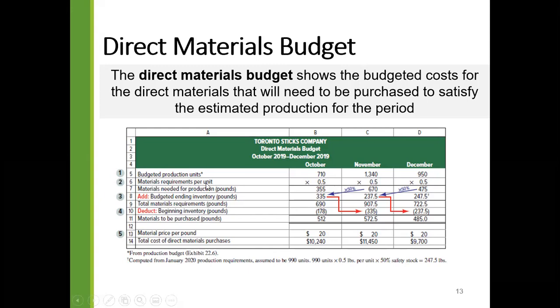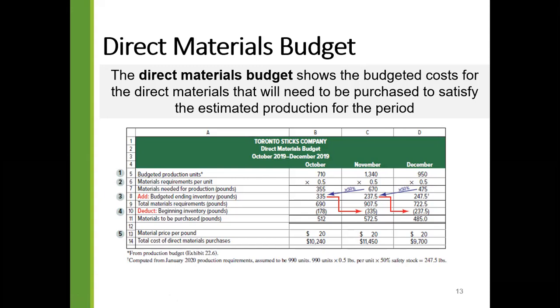So each unit requires 0.5 pounds of wood. So if we take our 710 units times 0.5 pounds per stick or per unit, we need to have 355 pounds of material.